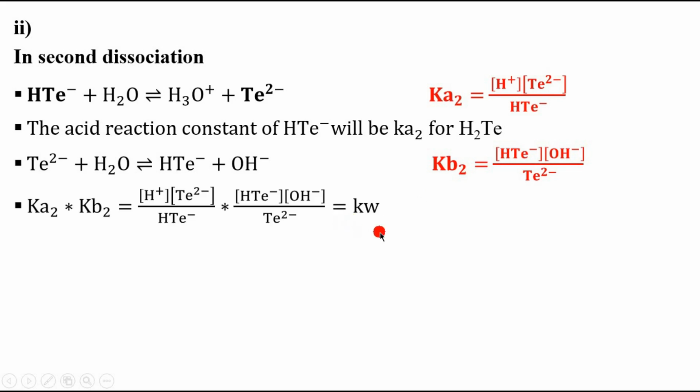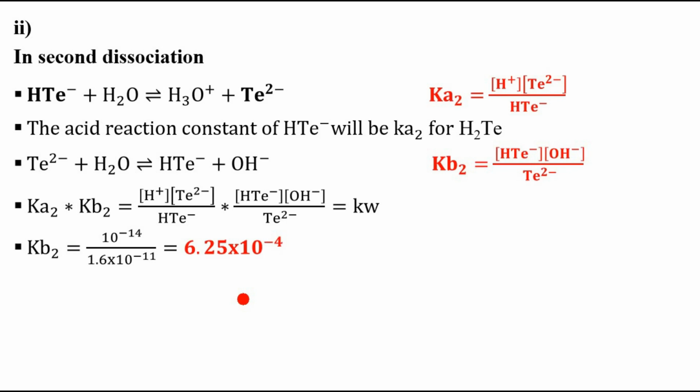Again, if Ka2 was given as 1.6 times 10 power negative 11, then you can calculate the Kb2, which is equal to 10 power negative 14 divided by Ka2. So you can see that here also is just writing the equation and showing that Ka times Kb is equal to Kw.